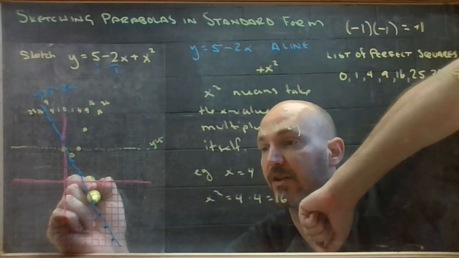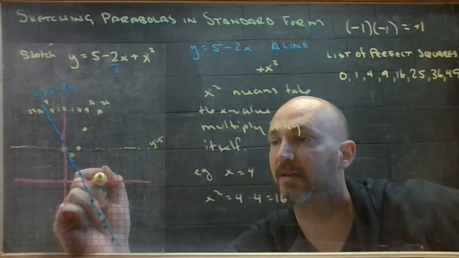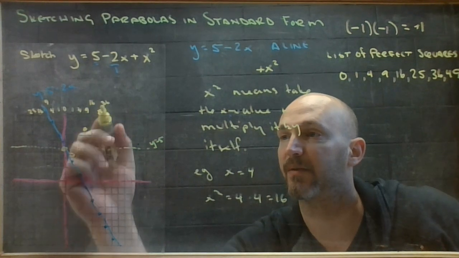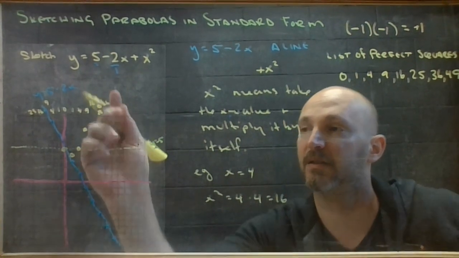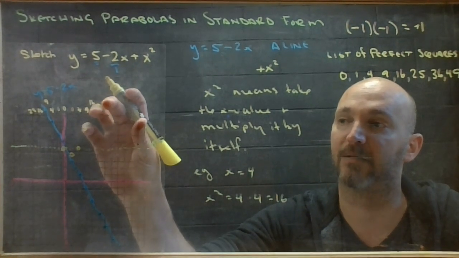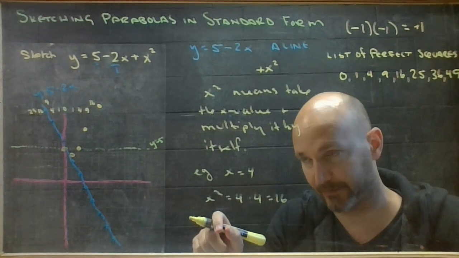From here, I should go up 16. 1, 2, 3, 4, 5, 6, 7, 8, 9, 10, 11, 12, 13, 14, 15, 16 would be up here somewhere. And notice I'm off the grid now. So I'm going to go that way instead.